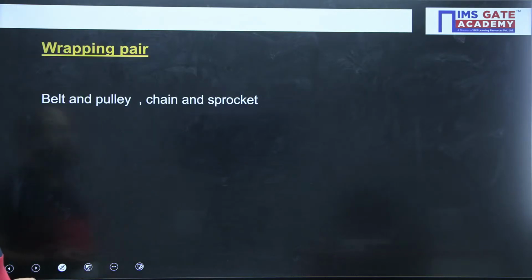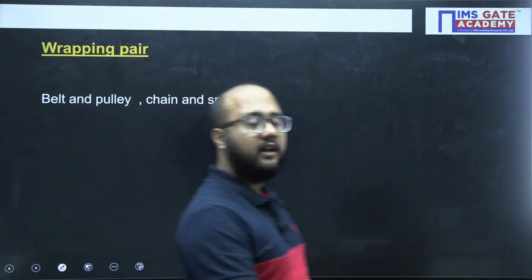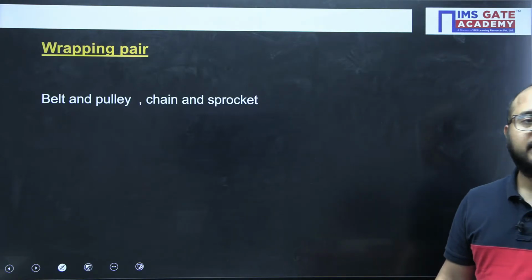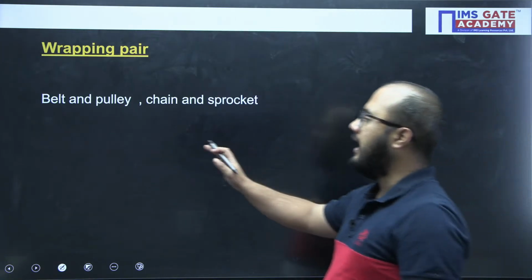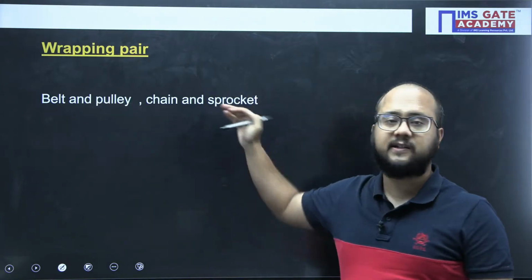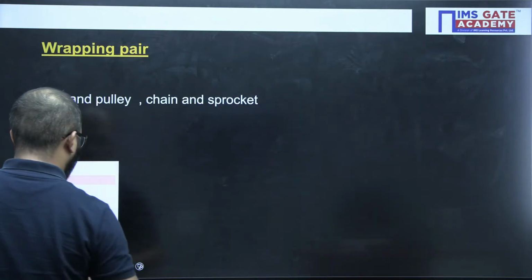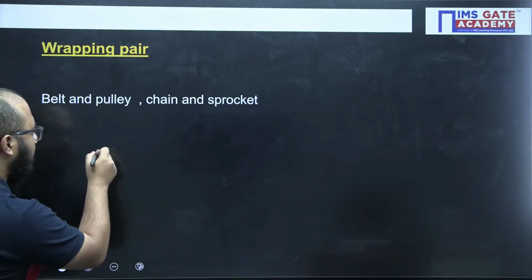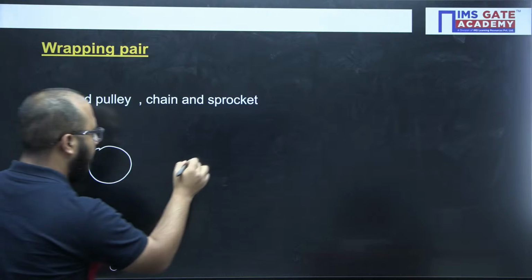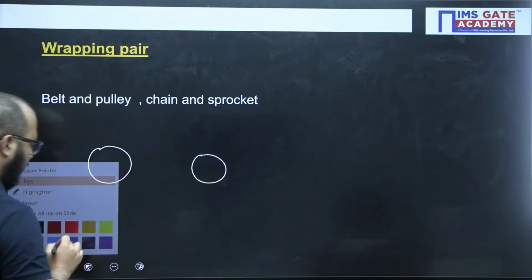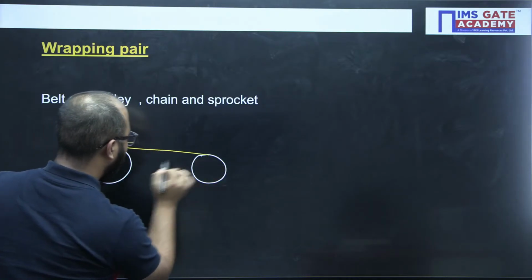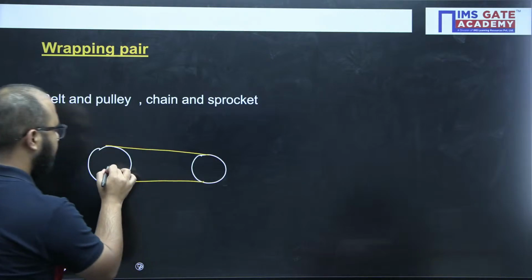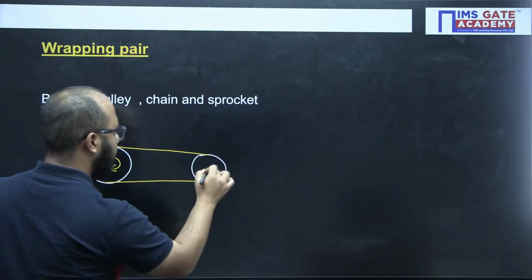Now coming to the next part. The next pair that we have is the wrapping pair. In a wrapping pair, the examples are belt and pulley, and chain and sprocket. For example, let's suppose this is pulley 1, this is pulley number 2, and over them there is a belt connected like this, rotating clockwise.